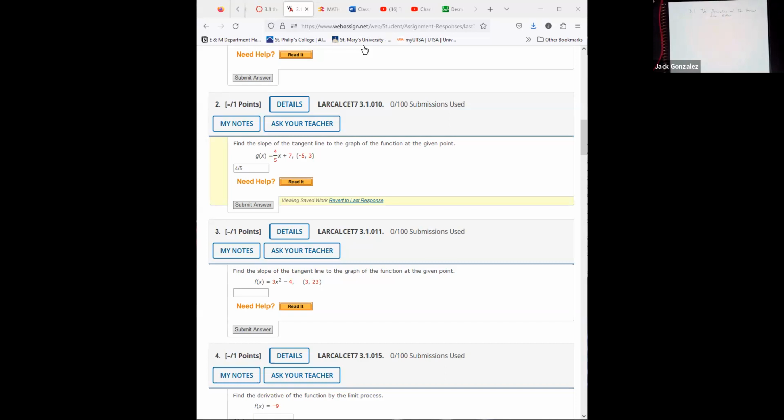So we can get away by explaining that and avoid it. But number 3, we're gonna have to do the limit process because they didn't say it's not a linear function, and we haven't learned any other techniques yet. So let's go ahead and practice it on 3. Number 4, they straight up tell you what to do.